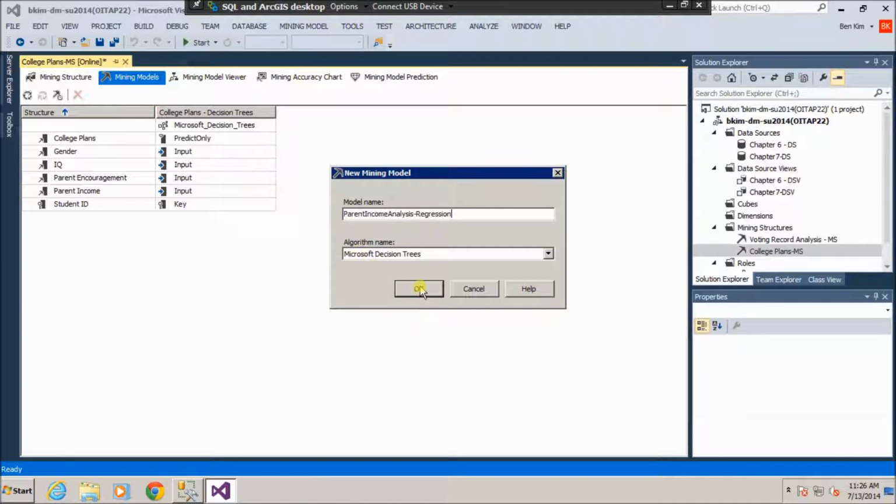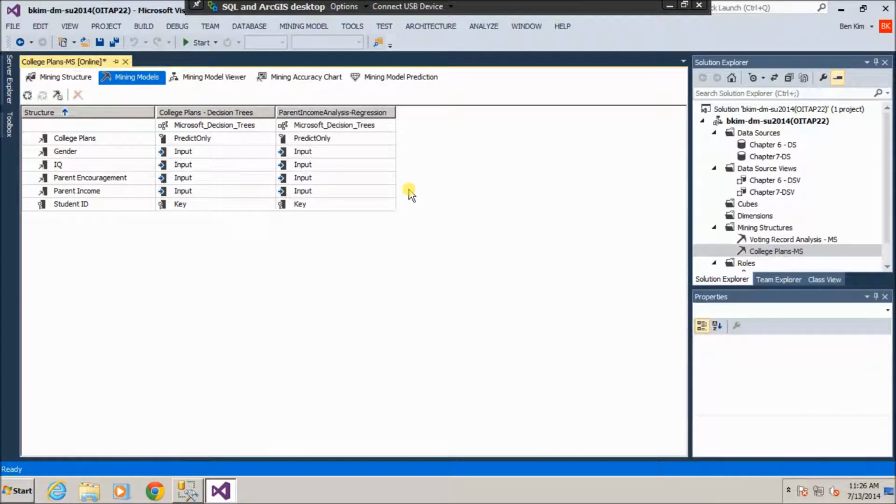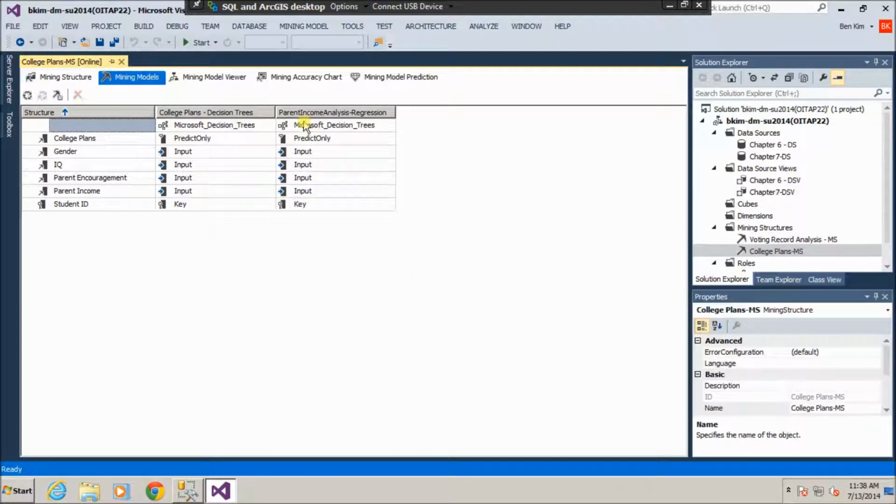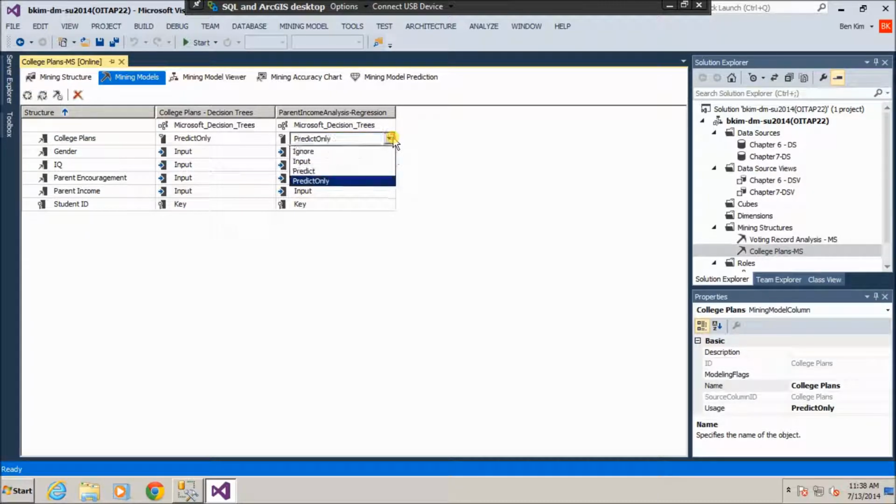Okay, so now we have a new model, parent income analysis using regression. Let's look at these columns. College plans, this time we're going to use as an input, and gender as an input, IQ as an input, but IQ is numeric.